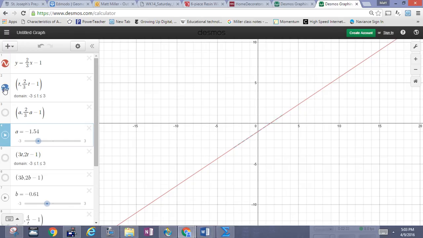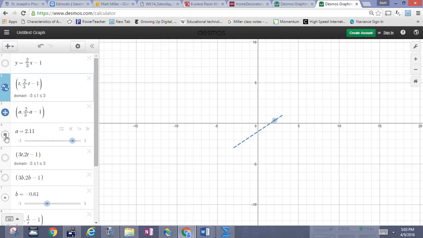And here we are defined parametrically, which you can see if I turn this one off, is simply that segment running from (-3, -3) to (3, 1). In doing that, we have motion along that segment, as measured here. So this point is moving along this line in real time over an interval of 6 seconds.